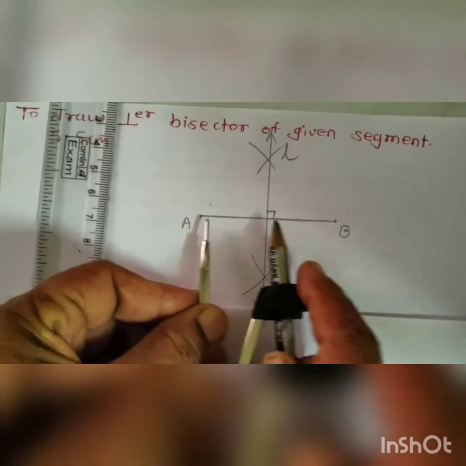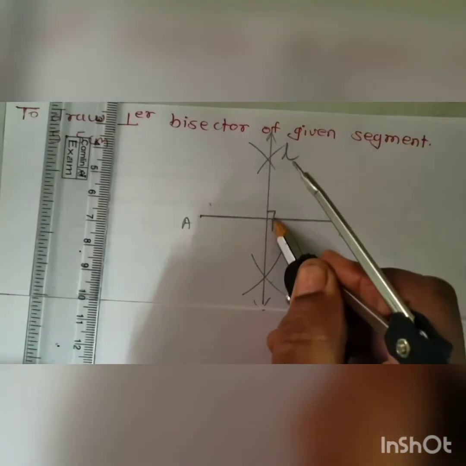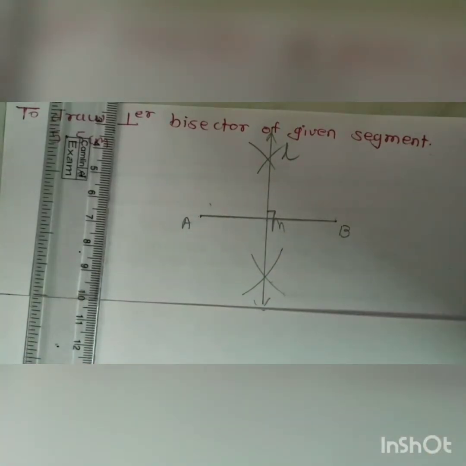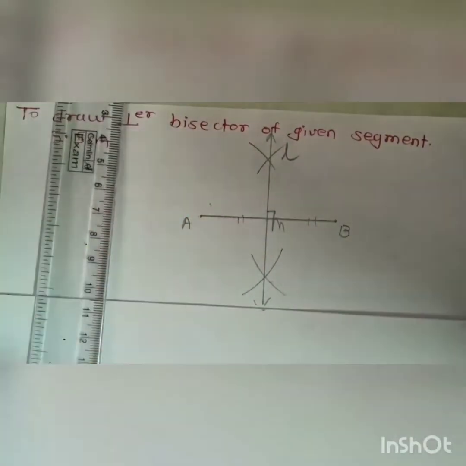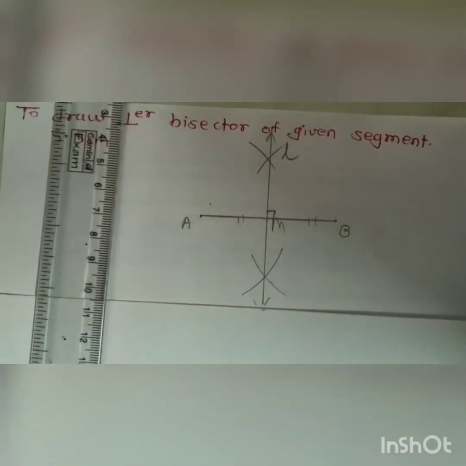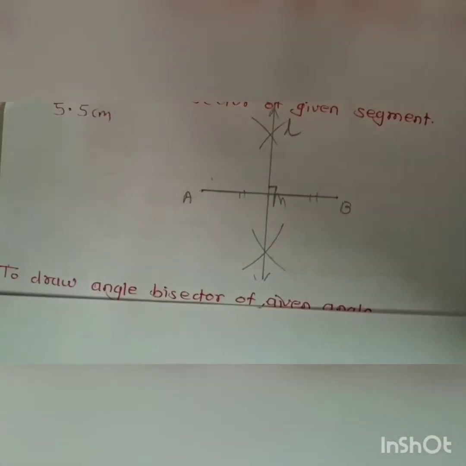See, this is also the same. Means this point M is the midpoint of segment AB. Also this line L is the perpendicular bisector of the given segment. And this construction we have to use in the next some constructions.